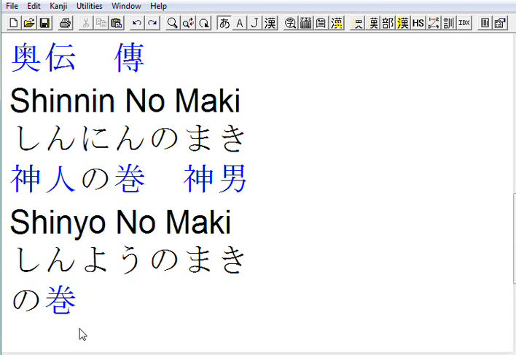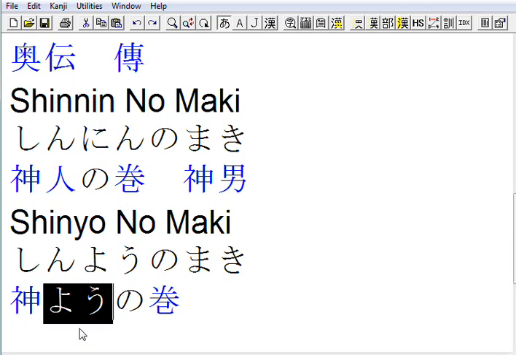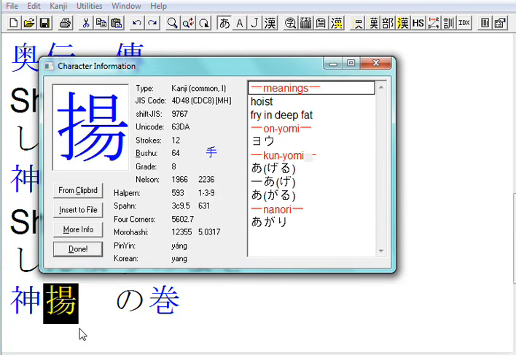And what that looks like is this. S-H-I-N. There's our Shin, our Kami. And then Yo is it that one? Let's see. I'll tell you here in a moment. Nope, it is not that one. It is not to fry in deep fat.